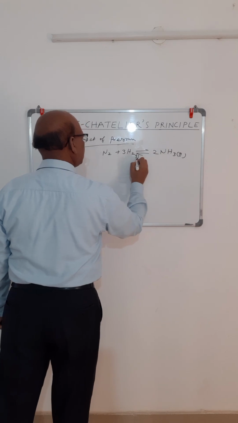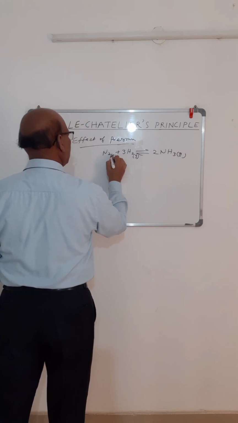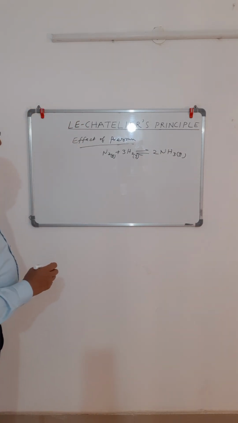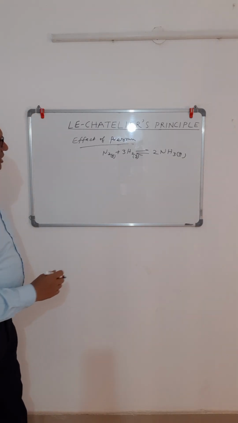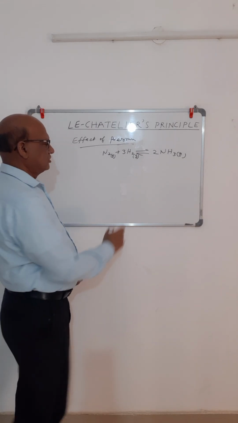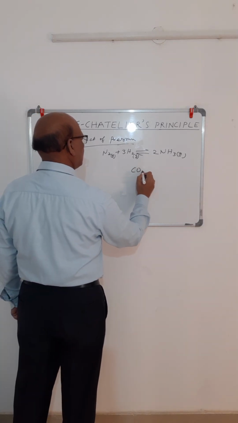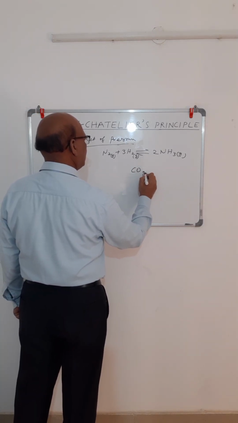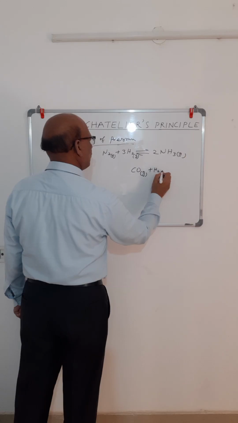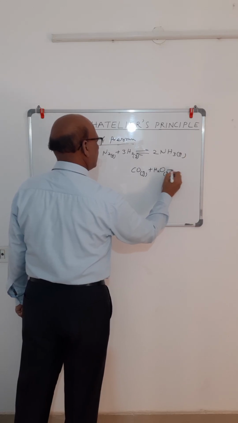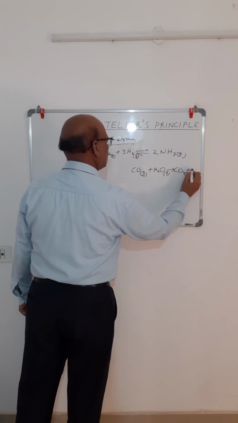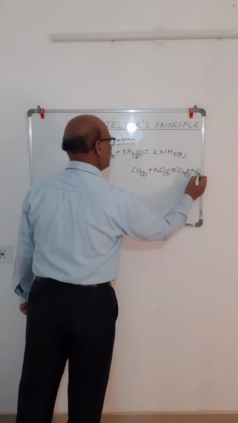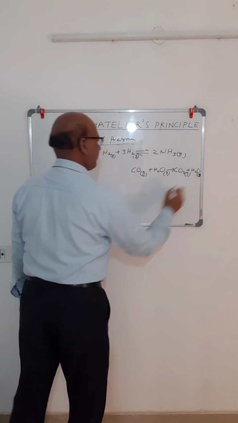And effect of pressure is more pronounced in gaseous reactions only, because where the number of moles are changing, there only the pressure will affect. Suppose I write a reaction, water gas shift reaction, that is CO gas plus H2O gas gives CO2 gas plus H2 gas. This is called water gas shift reaction.